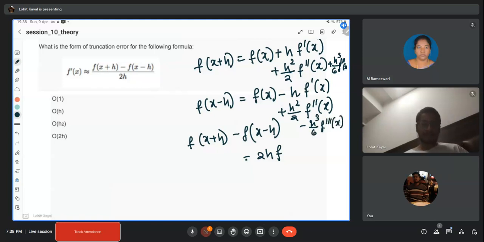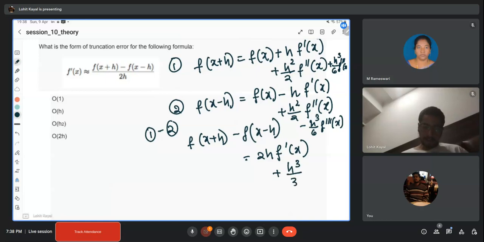Suppose this is equation 1 and this is equation 2, I am doing 1 minus 2. It will give me 2h f prime x plus h cube by 3 f triple prime of x.